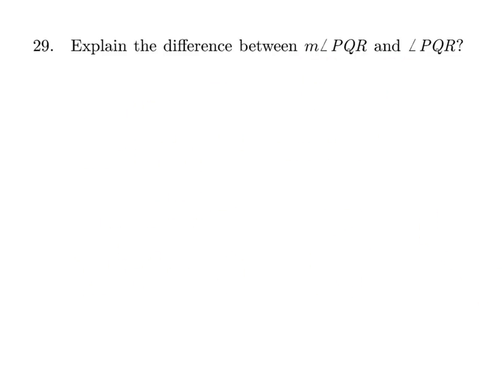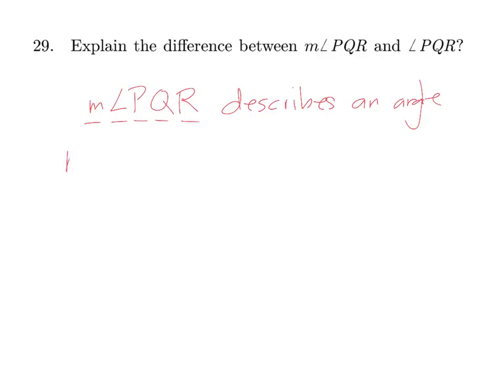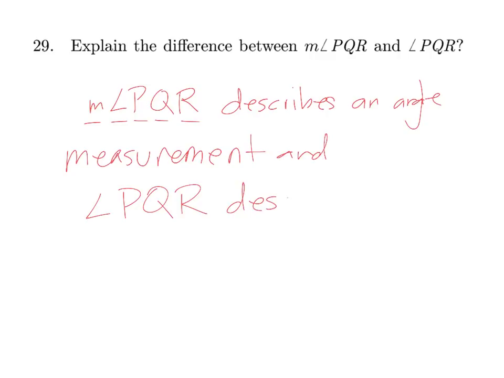Explain the difference between this notation. The measurement of angle PQR describes an angle measurement, and angle PQR describes a shape. So let me give you a concrete example.